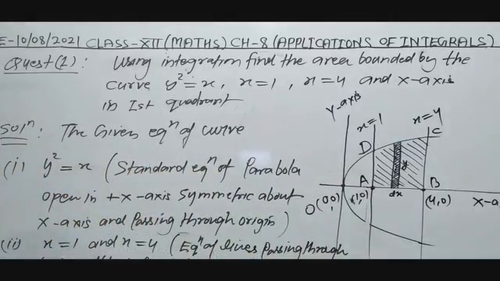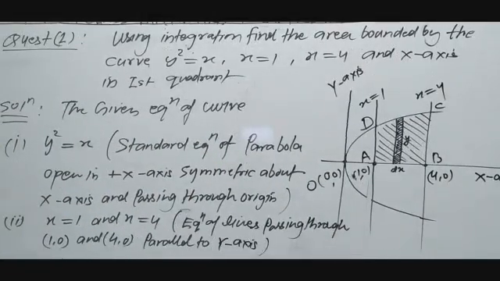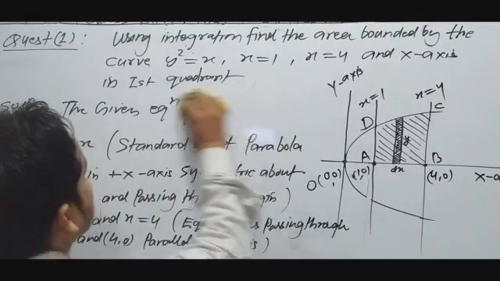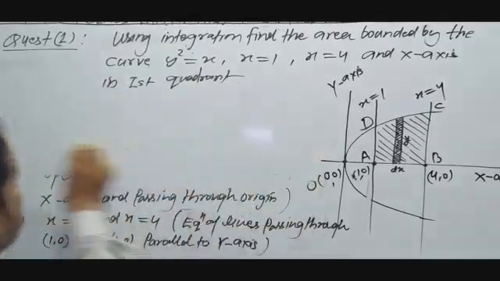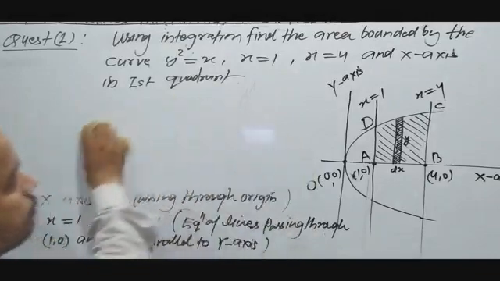Now what will be the area of the strip? Area of the strip will be y into dx. Now see how we calculate its area. First of all, you have to write down the area in terms of integration.